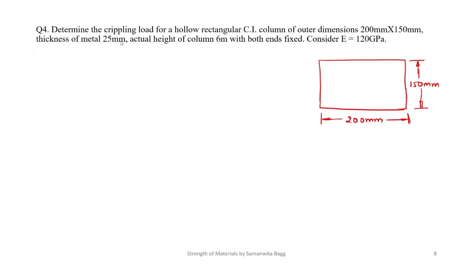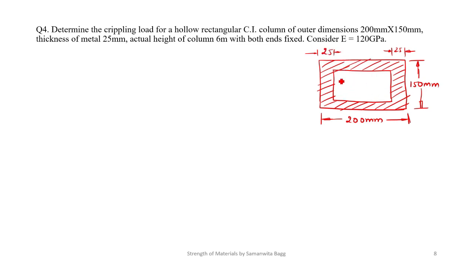Now when it is given that the thickness is 25 mm, it means that the inner dimensions can be calculated easily, because I know that this thickness here is 25 mm. So if this dimension is 25 and this is also 25, very easily I can calculate the inner dimension.